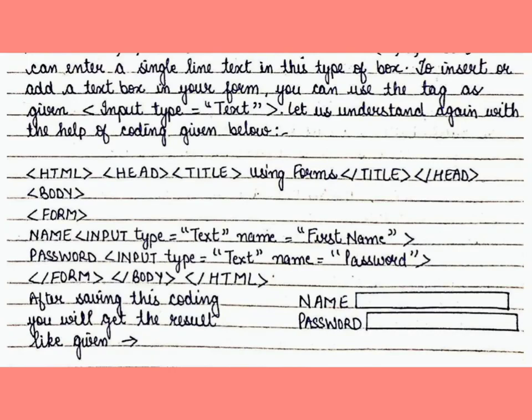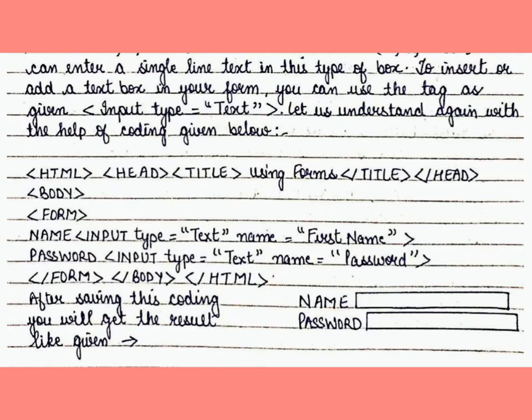Here, the title is written as using forms. Close the title tag and close the head tag also. Now start the body tag. Under the body tag, form tag will be used.